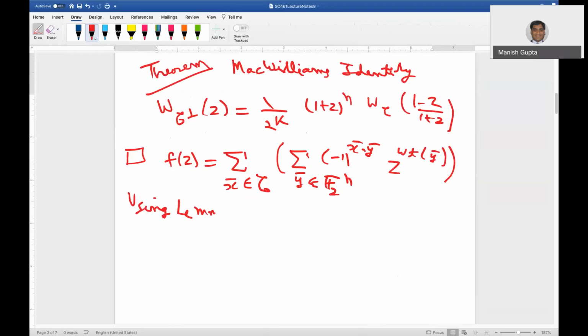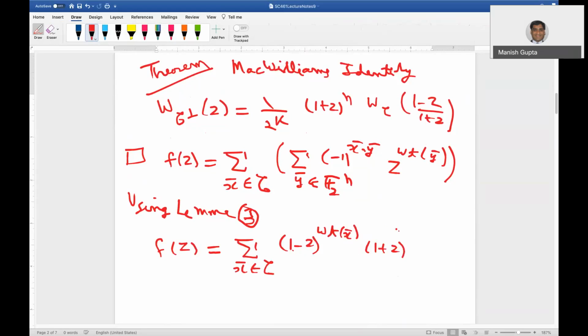Using lemma 3 first, f of z is nothing but the summation over x belongs to C of 1 minus z raised to power weight of x into 1 plus z raised to power n minus weight of x.